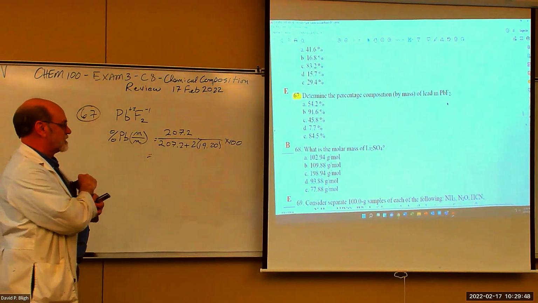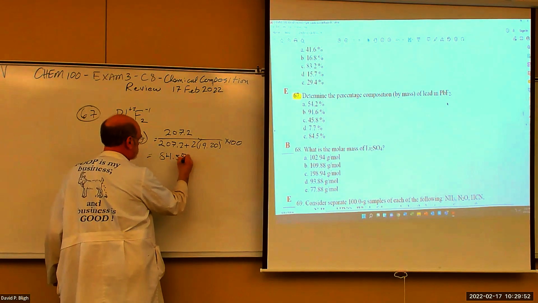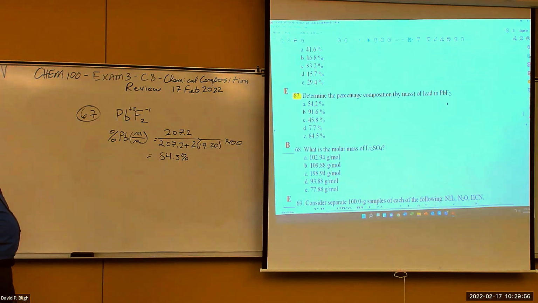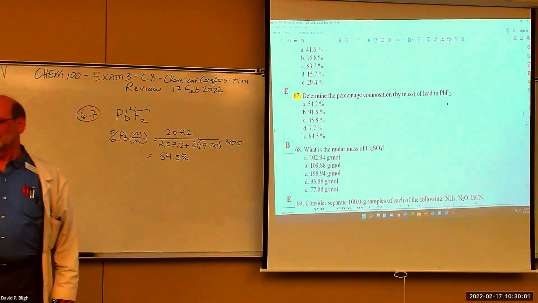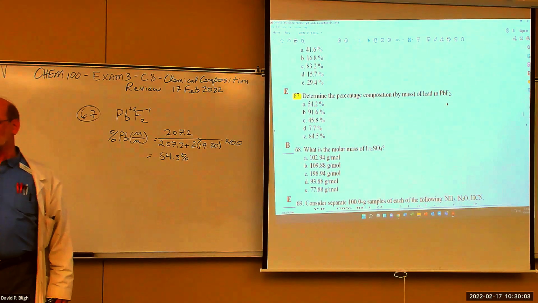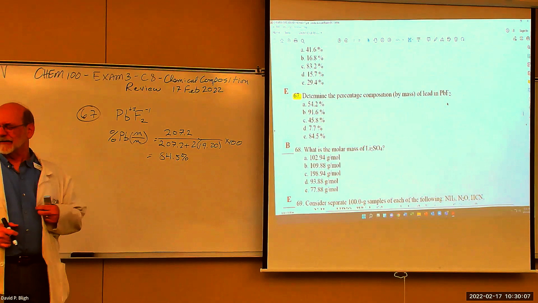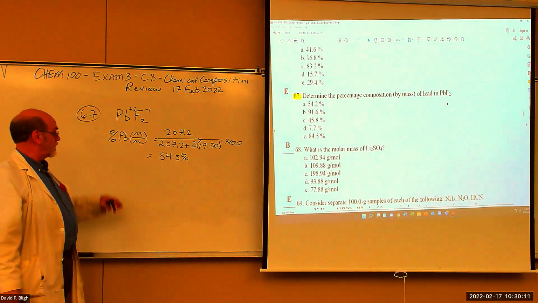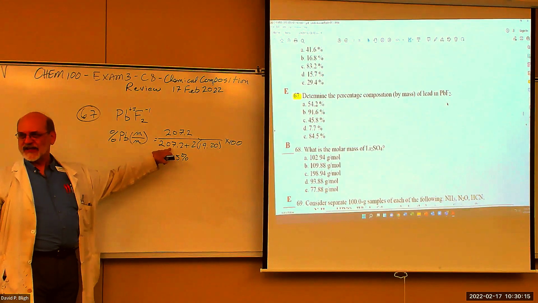And that should be 84.5%. That's why leaded glass crystal is so heavy. You've never noticed that? It sparkles too, because it's got all that metal in it. But leaded glass crystal is very heavy because that is a huge atom stuck in there.